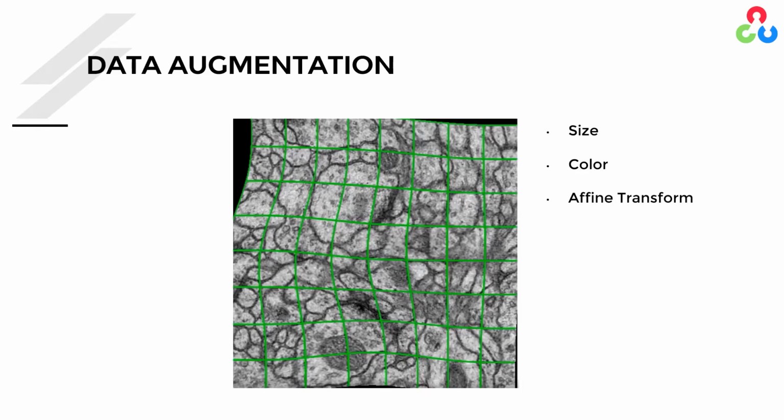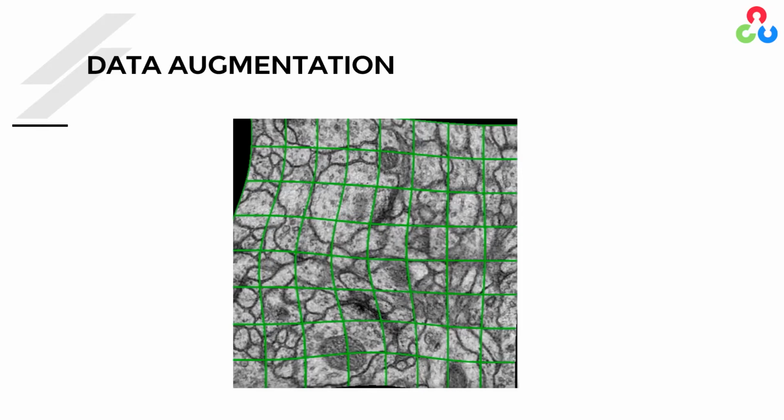However, when you have very little data and when we have this kind of biomedical images, it may also be possible to use nonlinear transformations, which are not like affine transforms, because this nonlinear image is still a valid example. So in this case, what they did was they applied a nonlinear map, and you can see the nonlinear map on this green image.